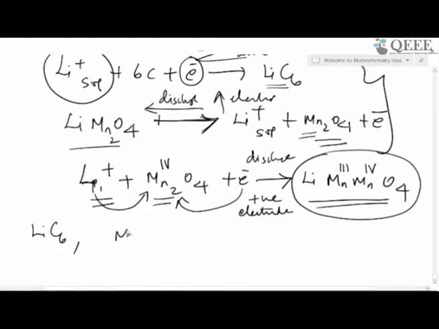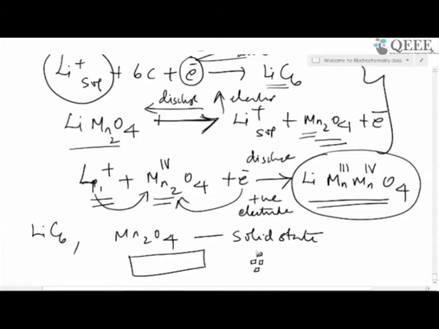Okay. So now the point is both LiC6 and Mn2O4 are crystals, they are in solid state. Imagine if I have Mn2O4 crystals of this dimension and then Mn2O4 crystals of smaller dimension. If I have to lithiate these big crystals of Mn2O4, the lithium can enter through this surface or this surface or this or this.